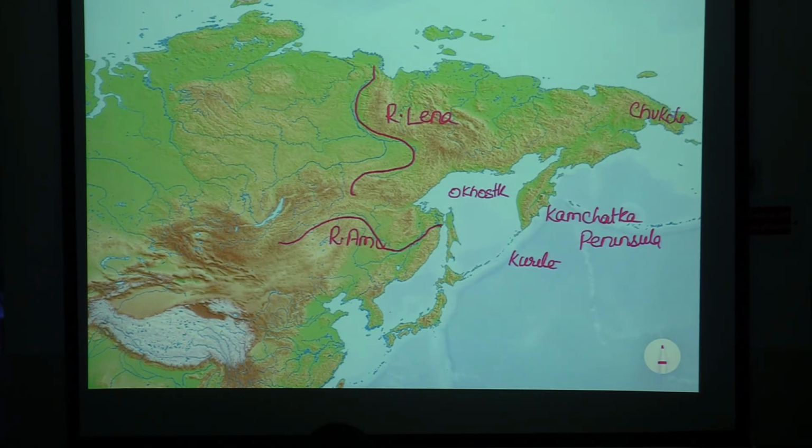Amur river draws the international boundary between China and Russia.